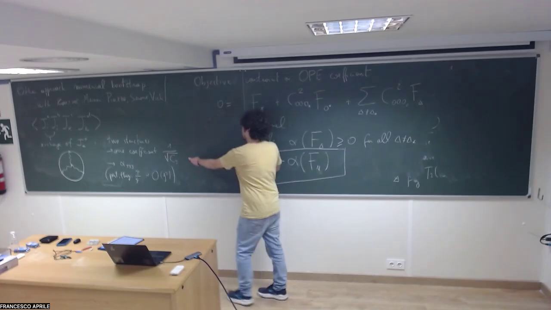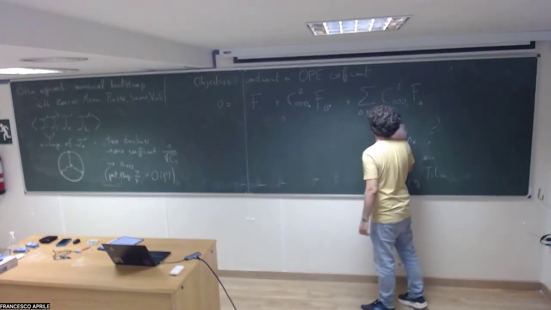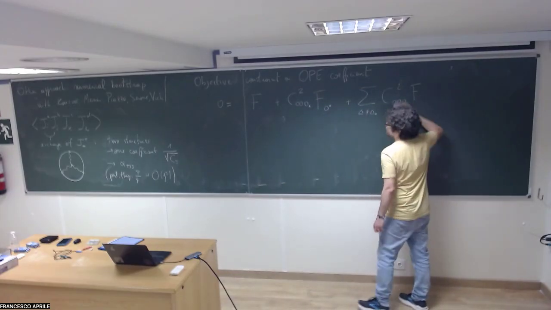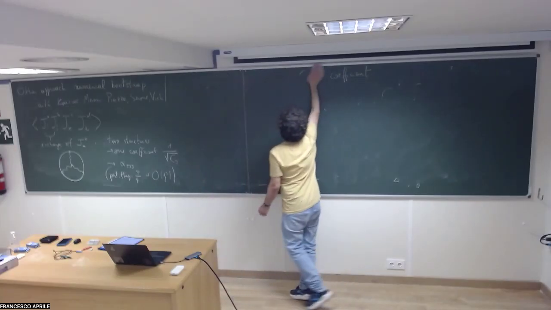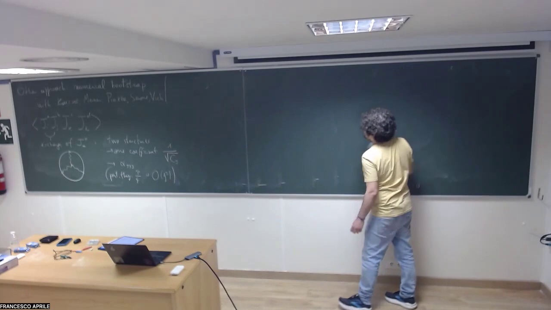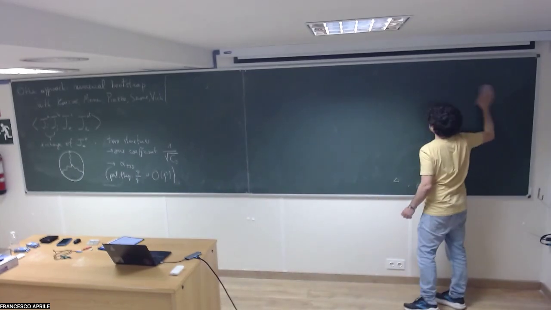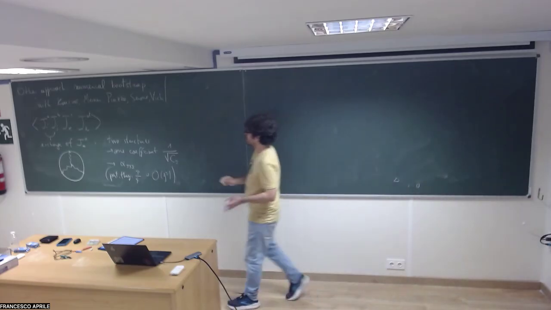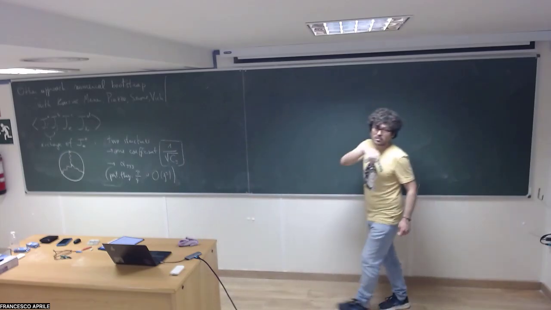So now you see what I want to do is that I want to use this technology that I just reviewed of bounds on OPE coefficients. So with the appropriate tweaks taking into account the indices, I can use the same logic here to give you a constraint on this object, okay? 1 over Cj.